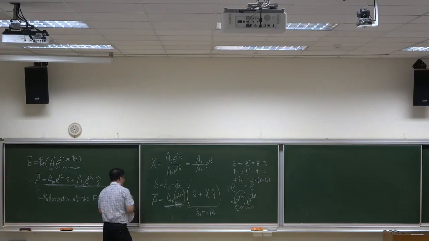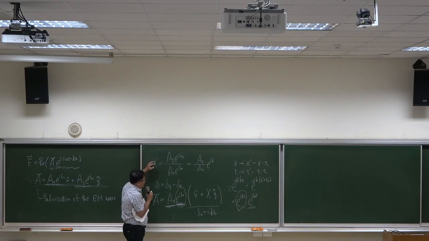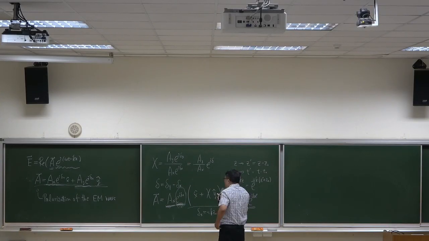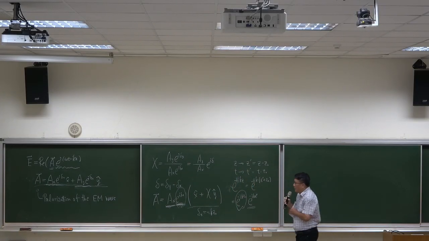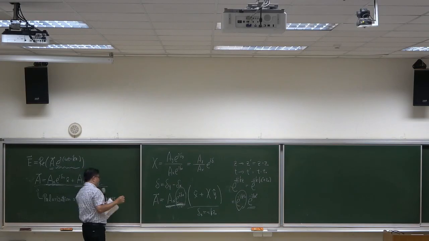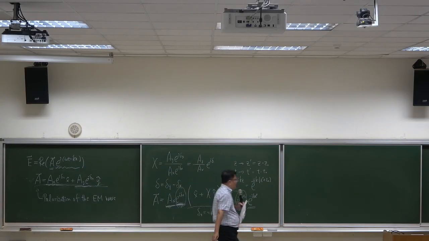So that's why we can use chi to represent the polarization state without knowing the exact value of A_x and delta_x. Okay? There is another approach that we can represent the polarization state of the electric field. We use the so-called Jones vector.